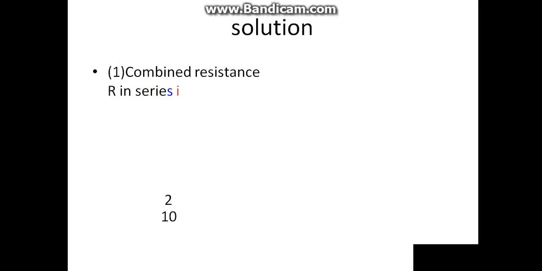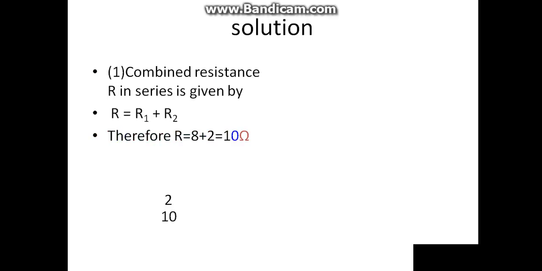Solution. I, combined resistance capital R in series is given by capital R equals R1 plus R2. Therefore, capital R is equal to 8 plus 2, which is equal to 10 ohms.